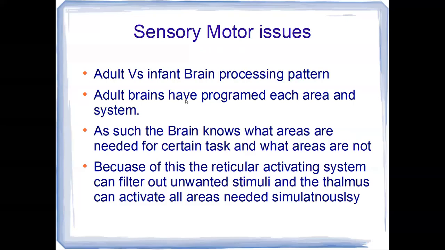So as an adult, because every area has been programmed, your brain remembers what areas need to be activated when it comes across a familiar task. Like socializing, for example, it knows to activate areas involved for processing body language, understanding speech, and being able to respond.